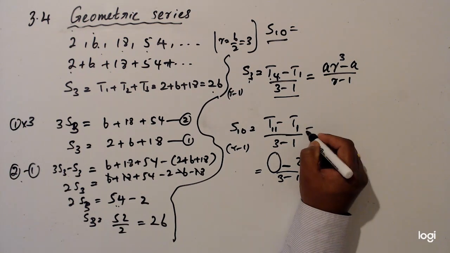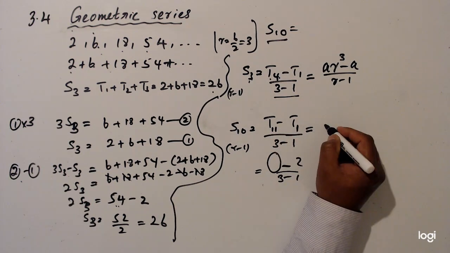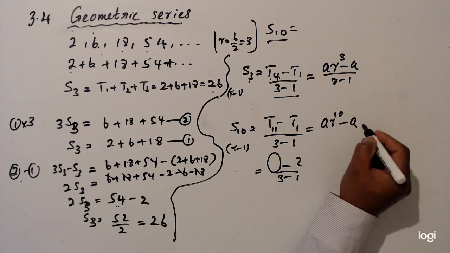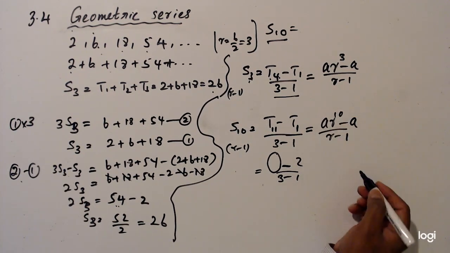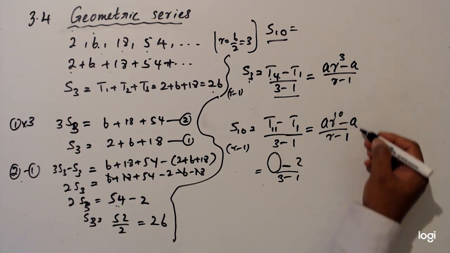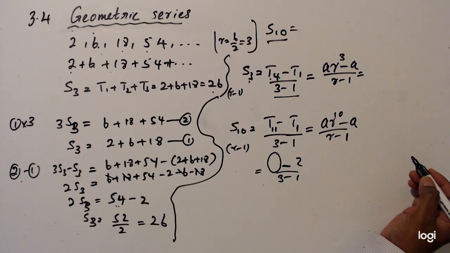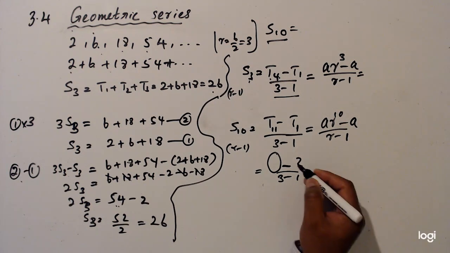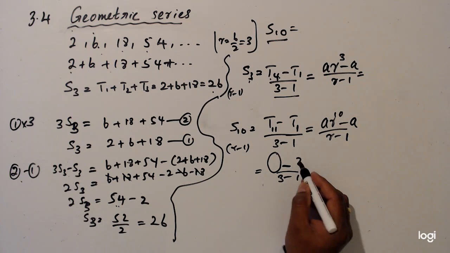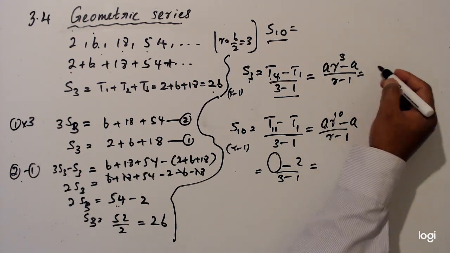So same way you can write T11, you can write AR^10, and this is first term A and R minus 1. Now if I simplify a little bit, okay, now you can find, instead of using this one from this formula, you know what is A. Okay, let me simplify actually.